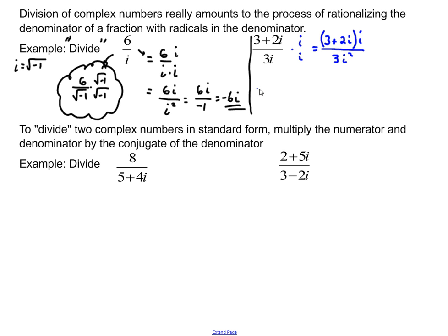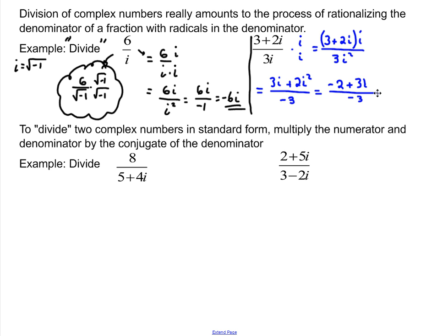So to us, this is really like saying 3 times i in the numerator plus 2 times i squared. And of course, in the denominator, I'm now going to end up with negative 3. And rewriting this one more time, I'm going to have 2i squared. Well, that's negative 2. We'll be adding that to 3i in the numerator and dividing that by negative 3.